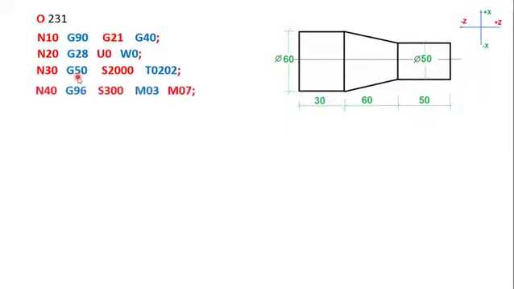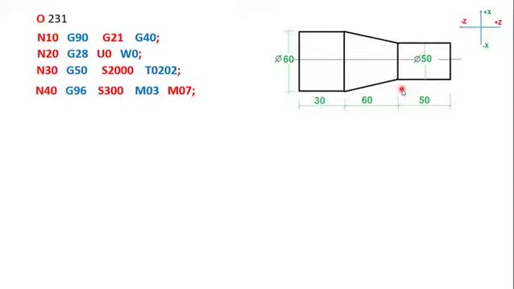Next is G96 S300 M03 M07. M03 and M07 are spindle on, rotating in clockwise direction, and coolant on. So what is G96? When you are doing any taper operation, as the diameter goes smaller, the RPM would become very high when the tool comes here.